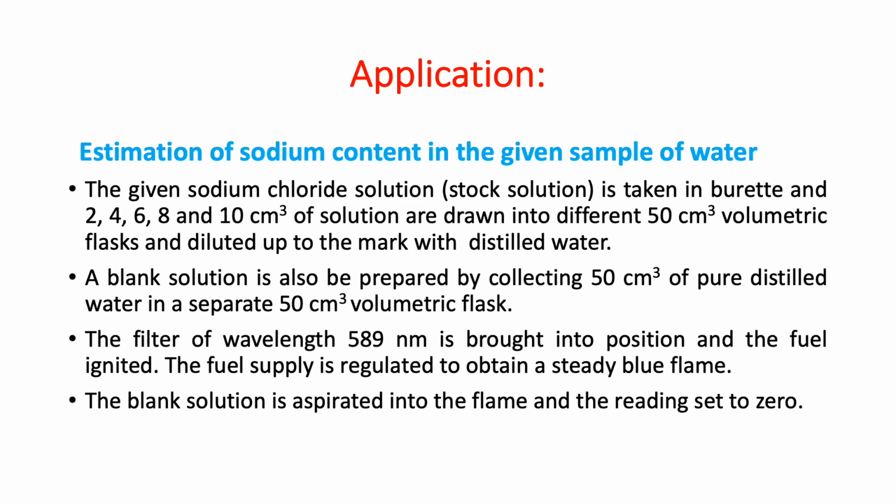For example, cerebrospinal fluid contains sodium and potassium ions. You can take the cerebrospinal fluid, inject it directly into the flame photometer, and know the concentration of sodium or potassium ions in the cerebrospinal fluid present in our brain.